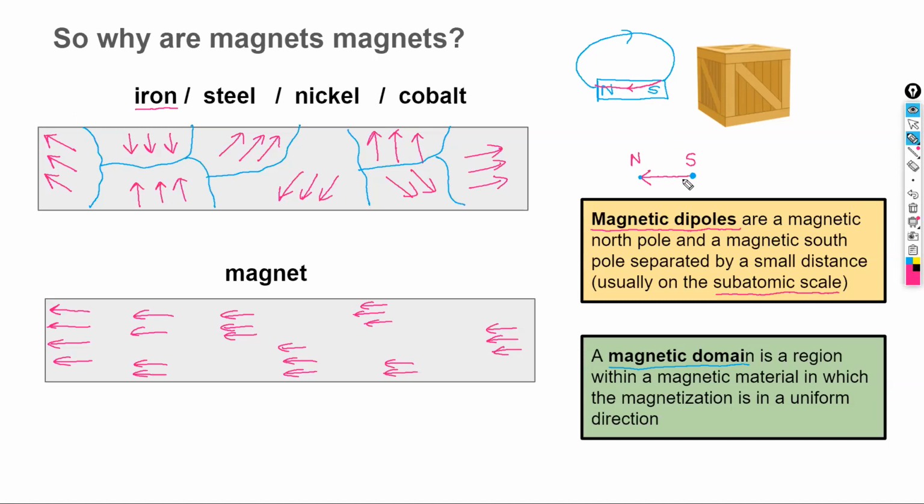South to north. Remember, this is the actual magnet. This is inside the magnet. So I guess I should have clarified that at the beginning. Outside the magnet, it goes from north to south, but inside the magnet, it goes from south to north, the opposite, because you have to complete the loop, right?